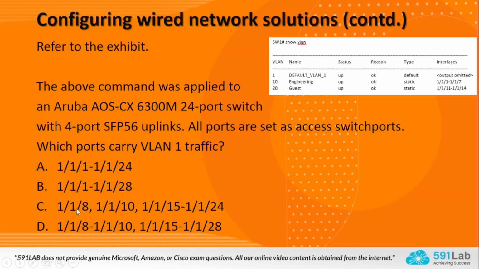Let's check C, 1/1/8, 10, how about 9? This is also wrong. 8 and 10, yes, they are part of VLAN 1. But 15 to 24 are also part of VLAN 1, and certain ports are missing here.